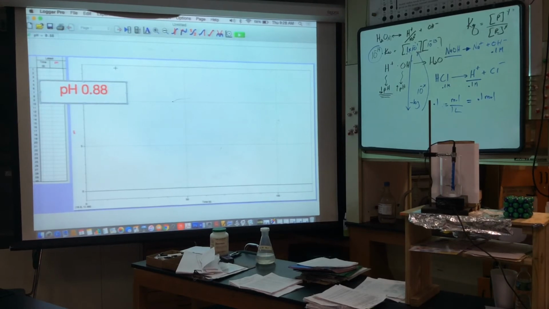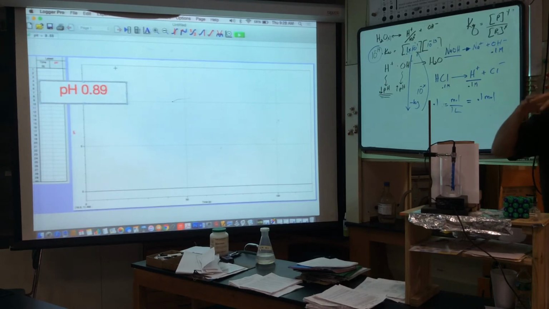Now, as I talked about really quickly yesterday, an indicator is a chemical called a chromophore, okay, that will change its conformation, its actual shape, based upon having too much H's and having too much hydroxides. And if it changes its shape, it changes the amount of electrons that can be excited or not excited at all.